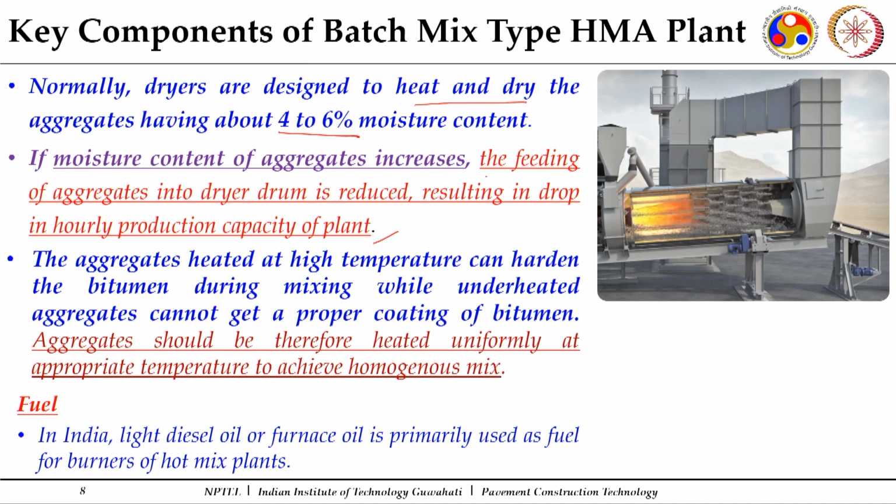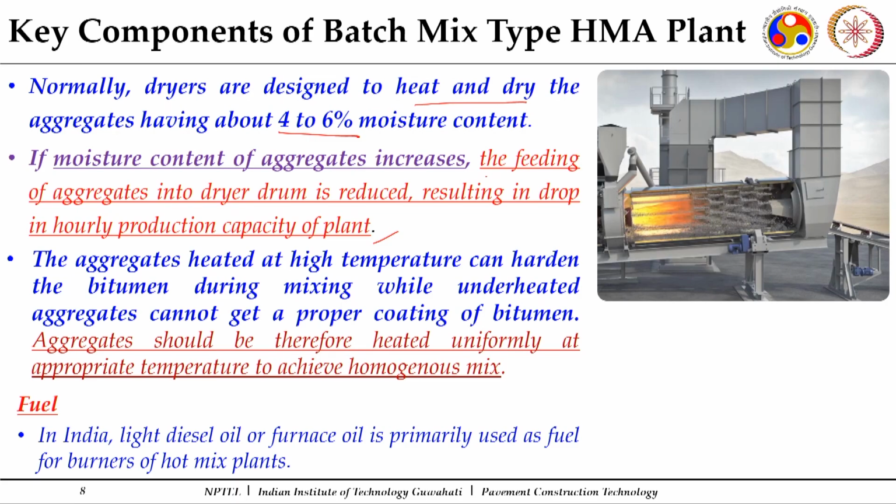Now, it is also very important to ensure the temperature to which the aggregates are heated, because as soon as binder is added to the heated aggregates, it very quickly takes up the temperature of the aggregates, and if the temperature is high, it may lead to aging of binder.